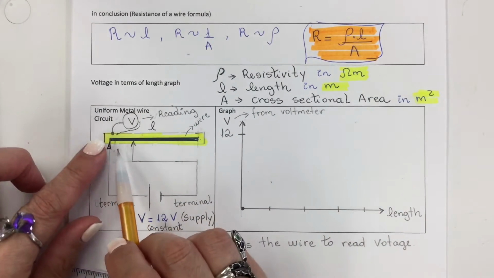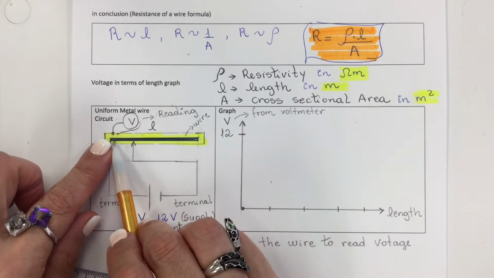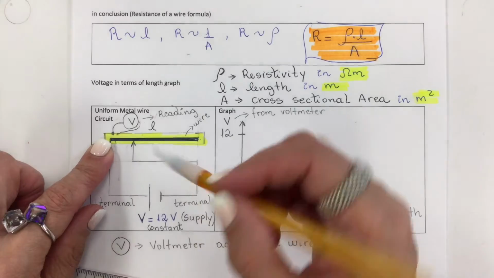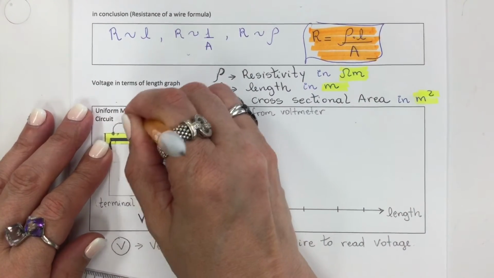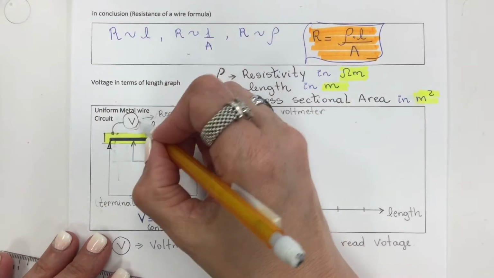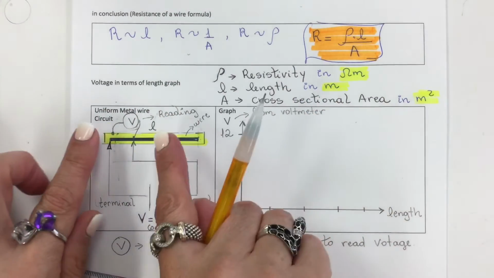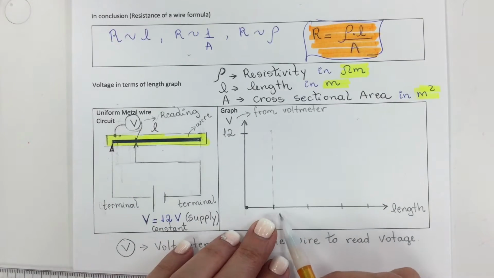Now I'm moving the terminal of this battery supply to another section of this wire, and I need to adjust the voltmeter to this new length right here. And now I'm going to read a new value. So here on this graph is my new segment.